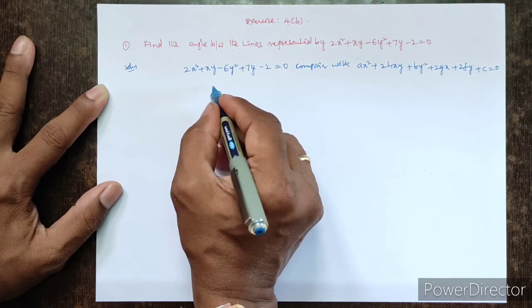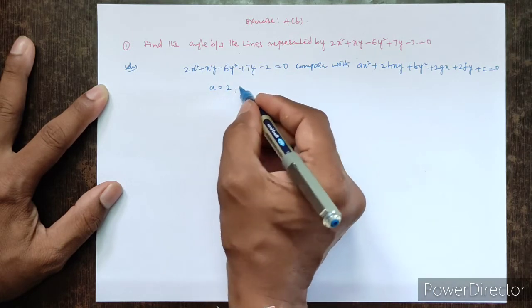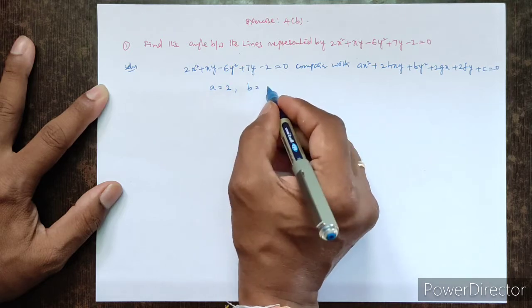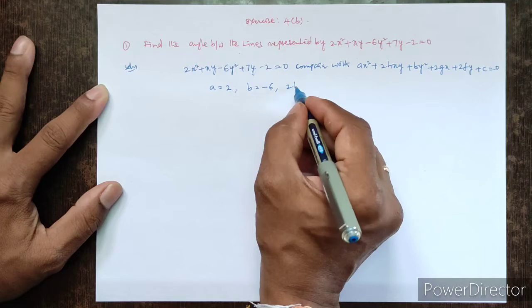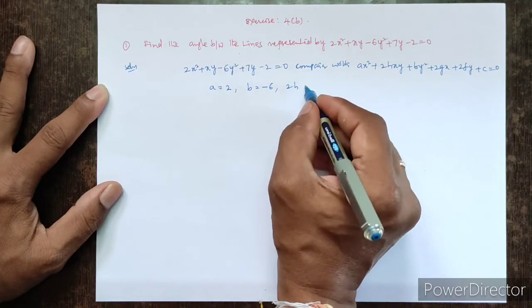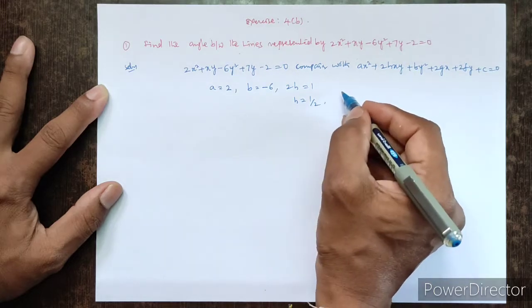So here a is the coefficient of x square, that is 2. Here b is the coefficient of y square, that is minus 6. 2h is the coefficient of xy, that equals 1. Therefore h equals 1 by 2.